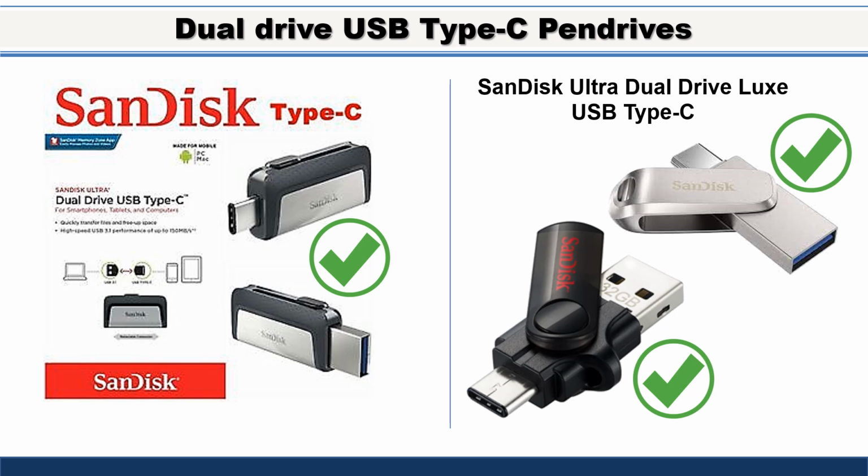The other is like this, where there is no slider, but you have on one side a C type and on the other side a USB. Or even this is very popular, where on one side there is a type C, on the other there is a USB type interface, and so make it a point to buy one of these for your logbook.